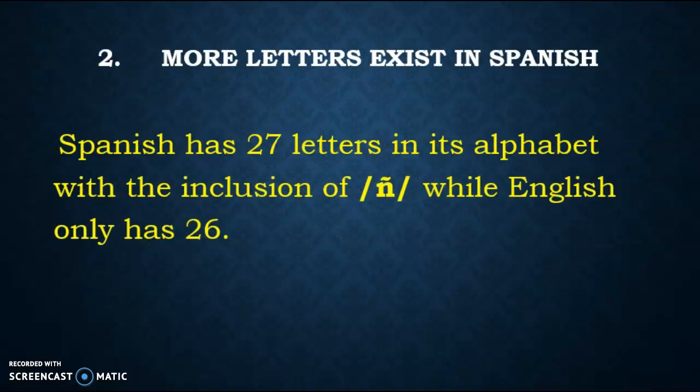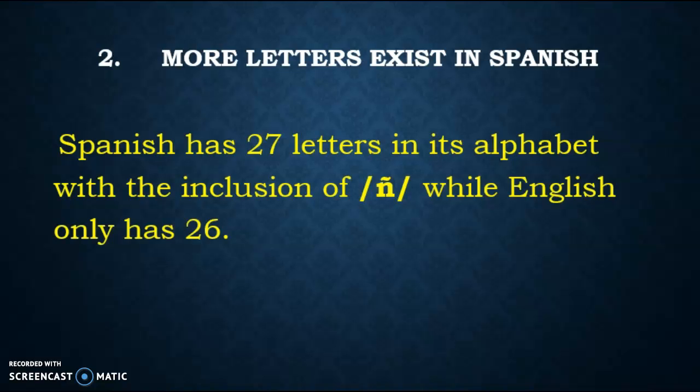The second one, more letters exist in Spanish. In Spanish, you can find 27 letters in its alphabet, with the inclusion of the ñ, while English only has 26.